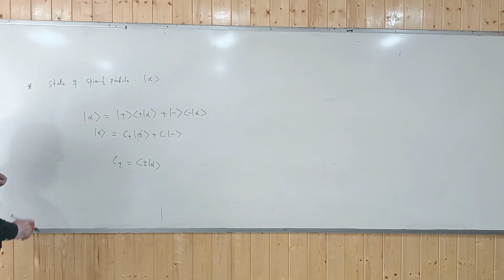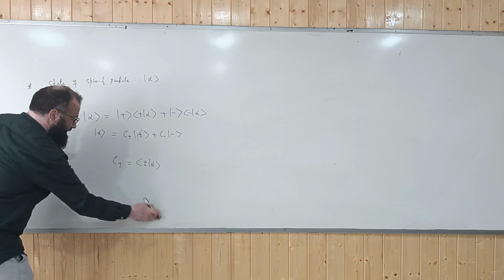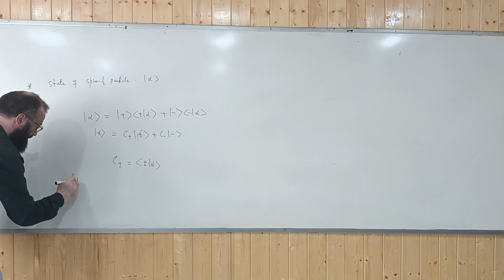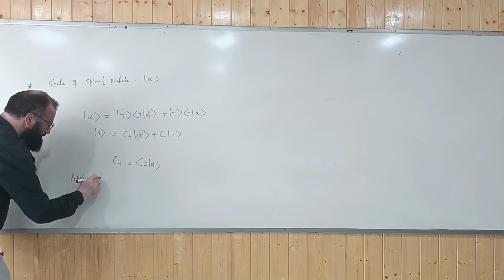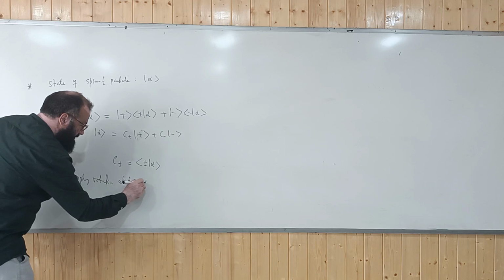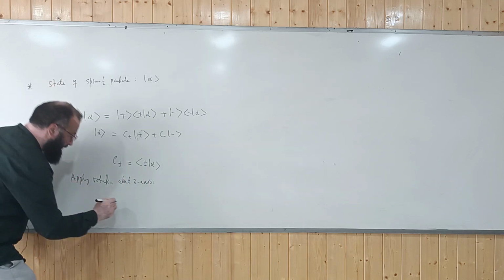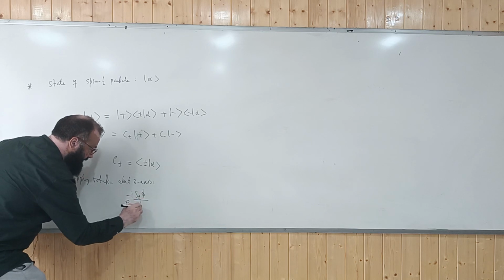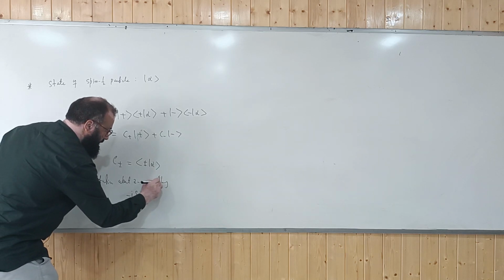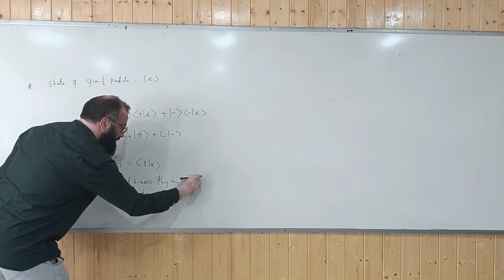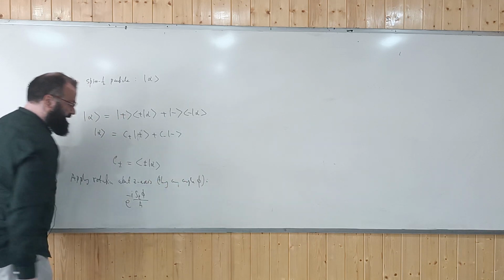Now let's apply the rotation about the Z axis. What does that mean? I have to apply e raised to the power minus i Sz phi by h cross, through an angle phi.